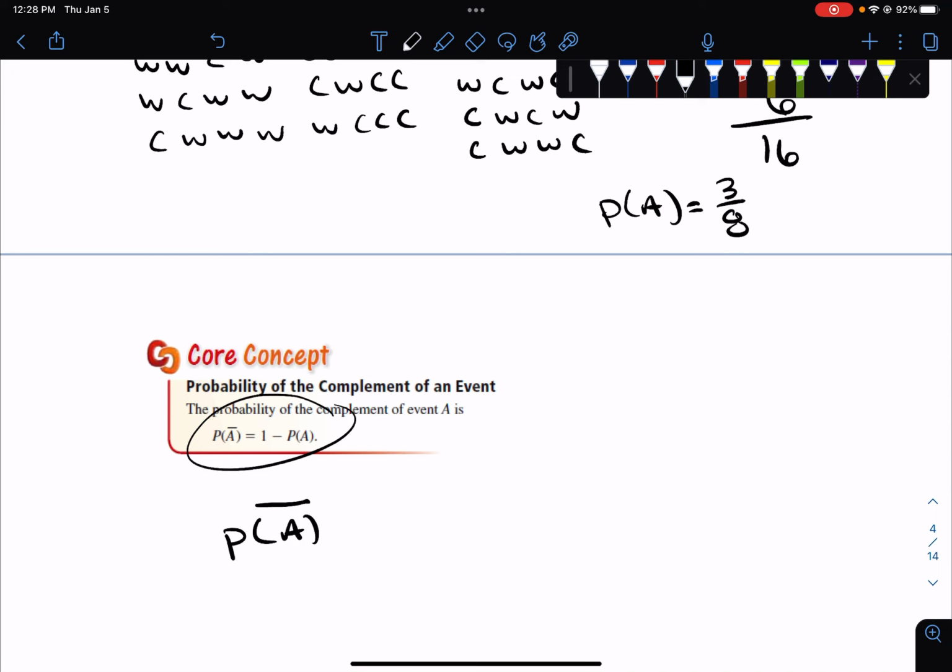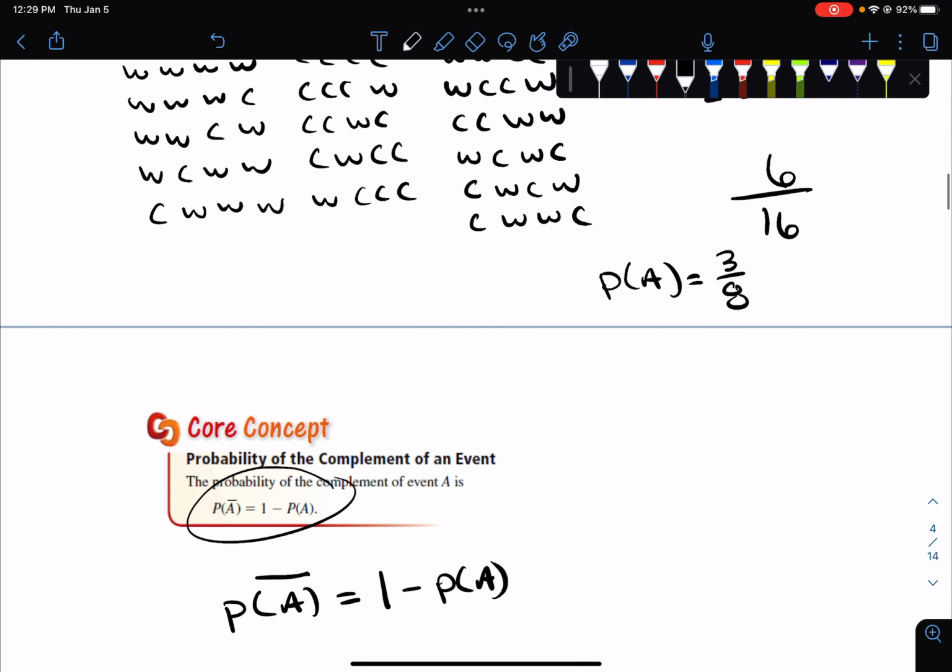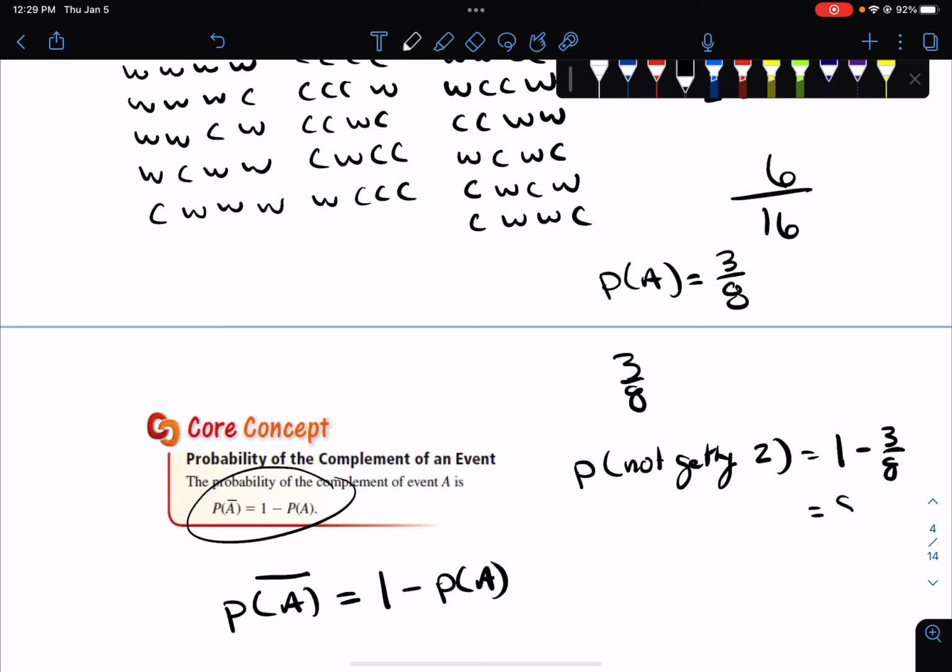In order to find that value, one option is I take 100% of the possibilities and I subtract how many times A happens. So for example, up here, if I have 3 out of 8 chances of getting exactly 2, then the probability of not getting 2 answers correct would be 1 minus those 3 over 8s, which would be 5 over 8.